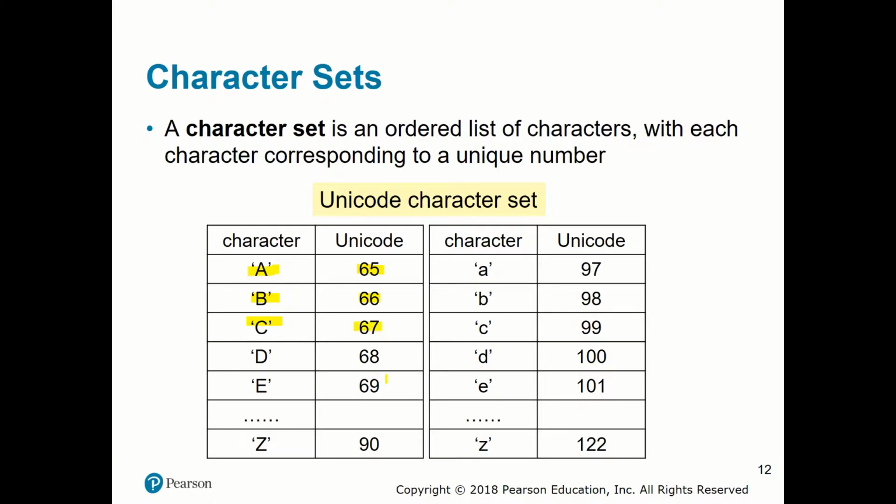And likewise, small a is 97, small b is 98, small c is 99, and so on. I hope you remember that the Unicode for uppercase A is 65 and lowercase a is 97. Sometimes this is needed for coding.